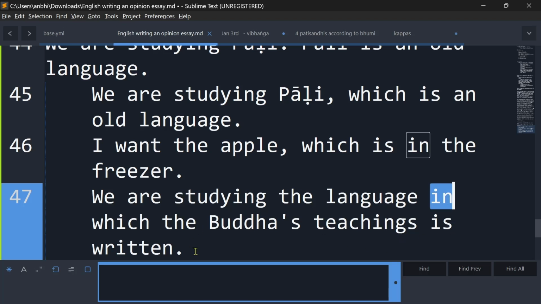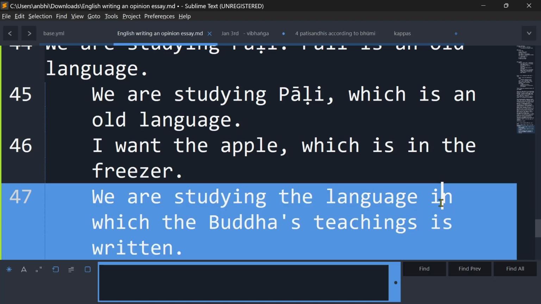Now you have a preposition, in which the Buddha's teachings is written. In which. Prepositions govern the objective case. In which the Buddha's teachings are written.